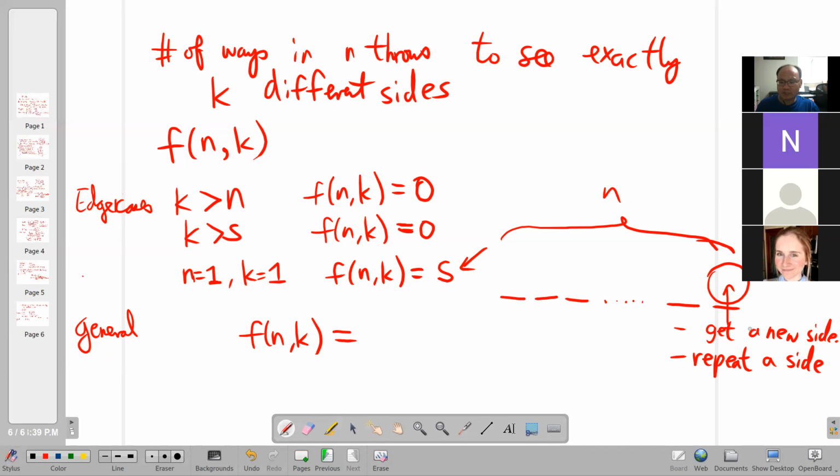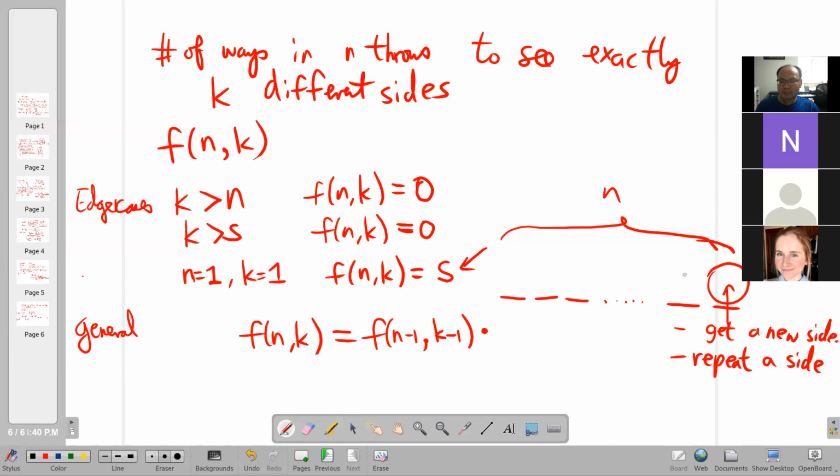So if I get a new side, then what that means is that the previous n minus 1 throws must have exactly k minus 1 sides. Otherwise, I will have too many sides if I get a new side again.